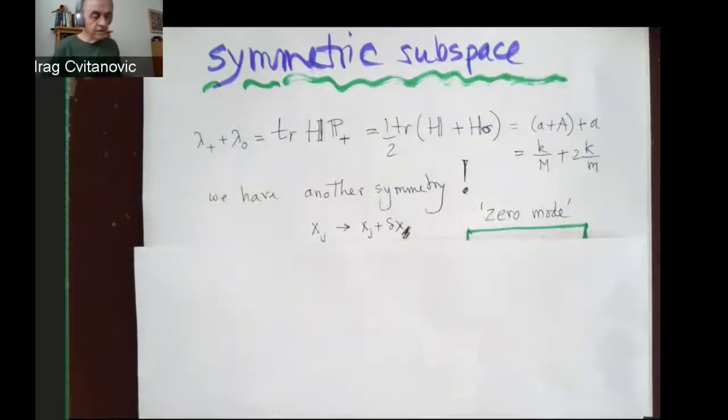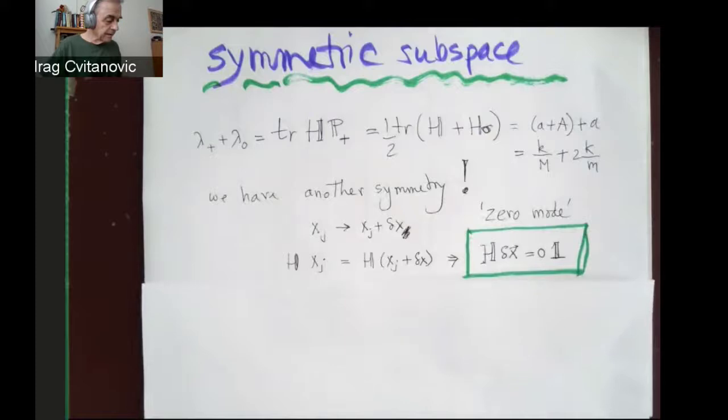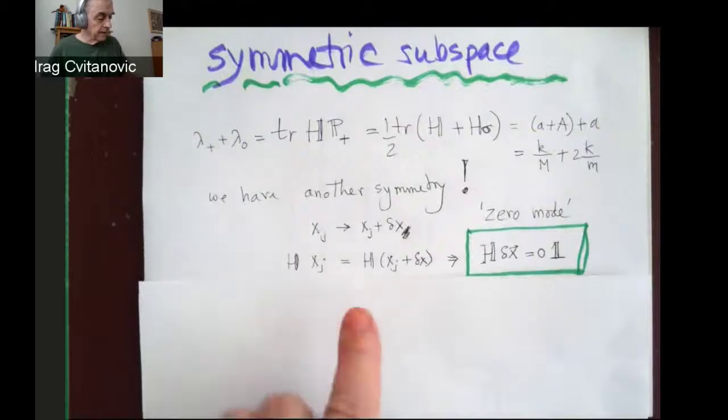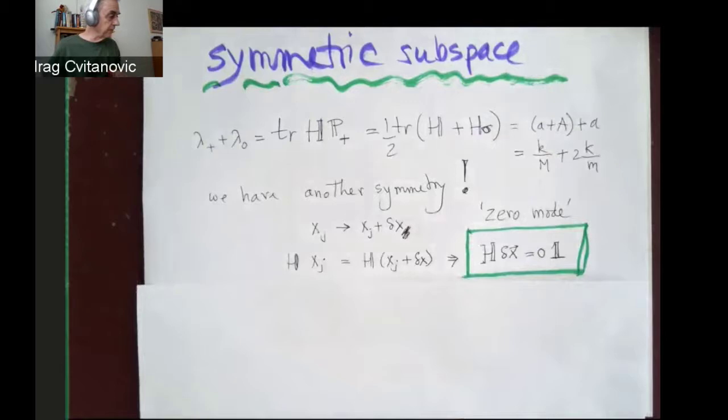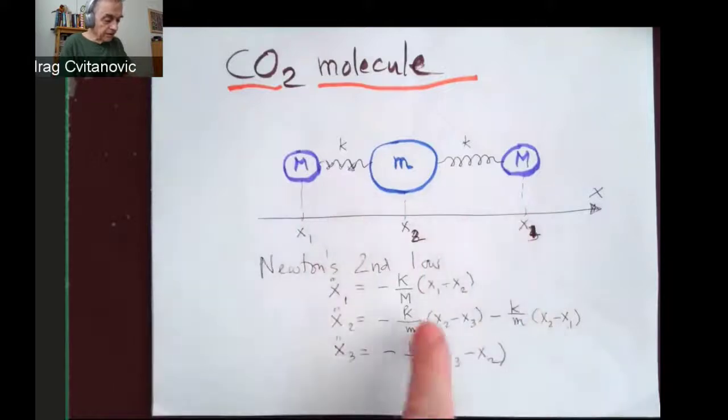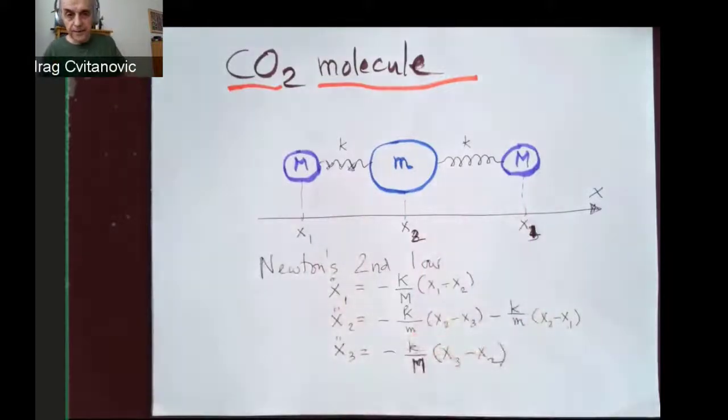So if I just change all coordinates by a little amount, then I'll find out that H acting on all coordinates should be H acting on slightly shifted coordinates, because remember what this Hamiltonian is. It depended on the pairwise distances between particles. It didn't depend on them if I change them all by the same amount.